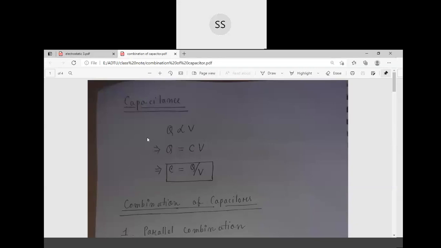Okay, so this is the capacitance when there is only one capacitor in the electrical circuit. But many circuits have more than one capacitor. When there is more than one capacitor, we call that a combination of capacitors.